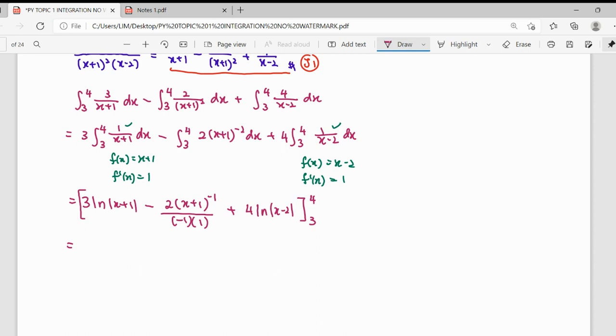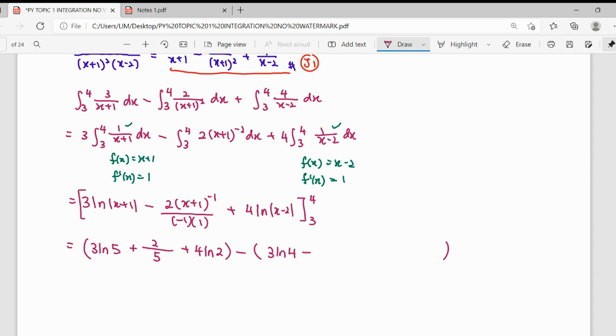Okay, then our next step will be substitute our limit one by one. So it will be 3 ln 4 plus 1, 5. Here negative negative become positive. So 2 over 4 plus 1, 5. Then 4 ln 4 minus 2, 2. So that will be upper limit minus lower limit. So 3 ln 3 plus 1, 4.